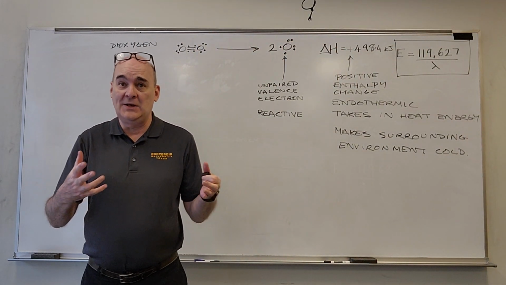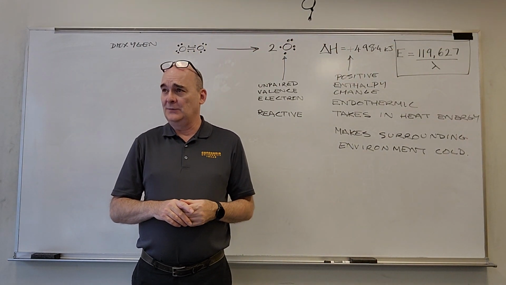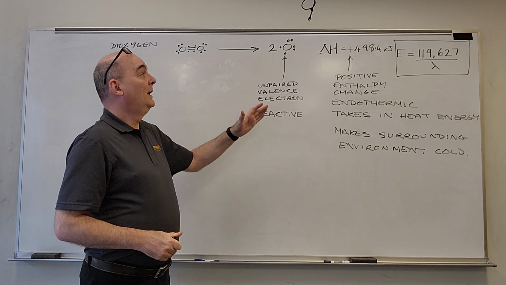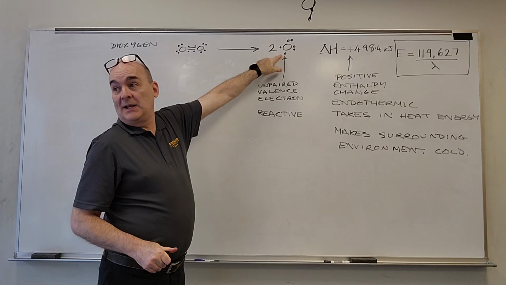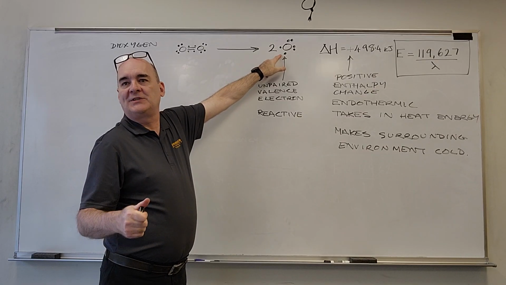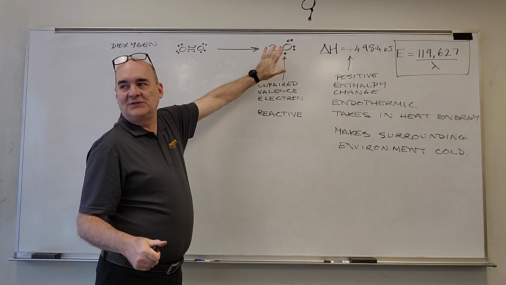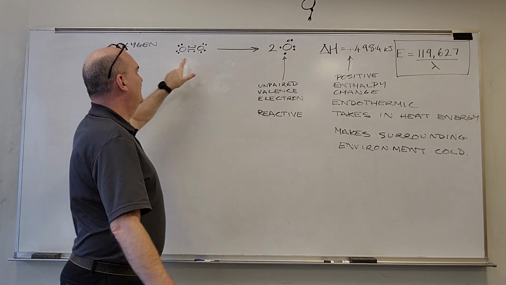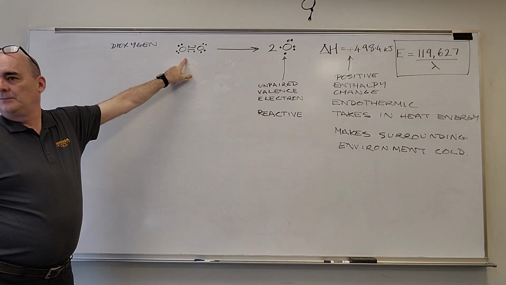One of the fundamental things about chemistry, bond theory, is if you have unpaired electrons, they will find a way to pair themselves up. So this, in the absence of anything else, really wants to get back to being this.